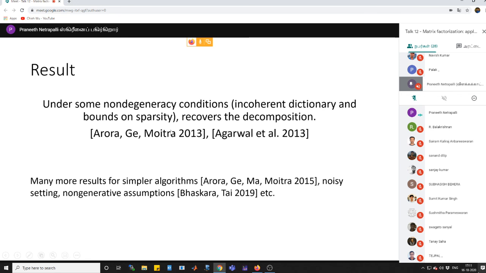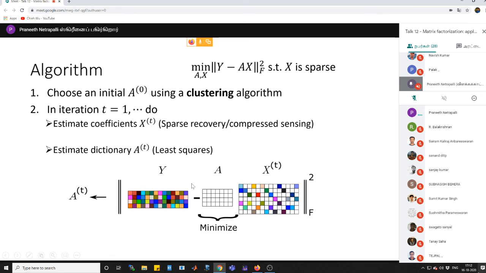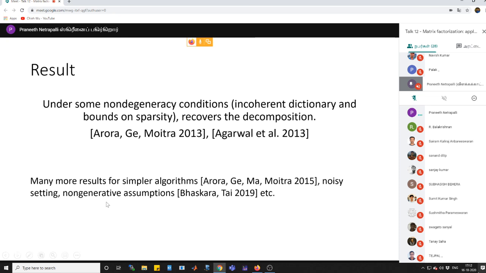This is under a statistical setting where the data is coming from a statistical model. So A could be arbitrary, but once A is fixed, the data matrix is generated based on some statistical assumptions on X. But there are also results which only assume some non-degeneracy conditions and no particular generative model for the data. Okay.